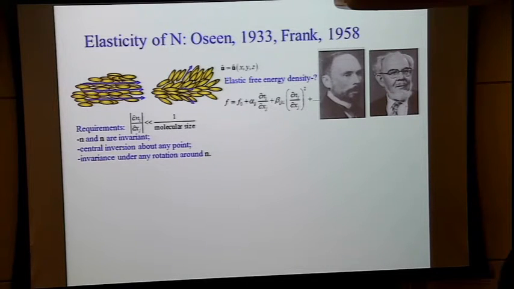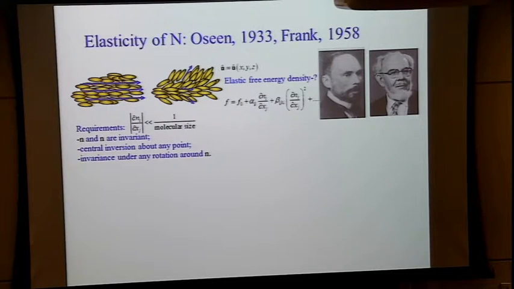So now let's talk about a more precise description of elasticity. So we were talking about some twist deformations, some bend deformations, and you apparently didn't have a clear clue what exactly the difference is between splay, bend, and twist.